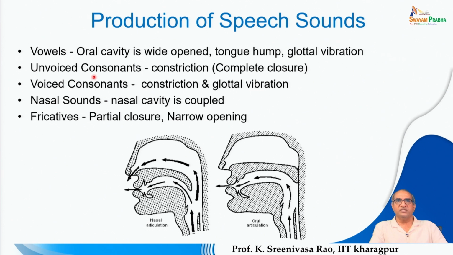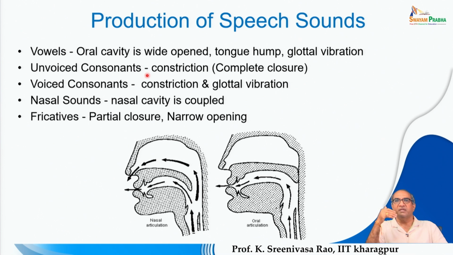Then coming to the unvoiced consonants, where the excitation is due to constriction and the release of air at different places in the oral cavity. Examples of unvoiced consonants are ka, cha, ta, ta, pa.